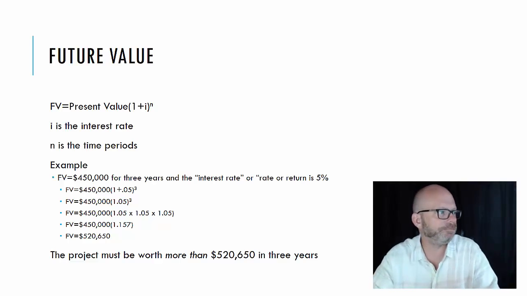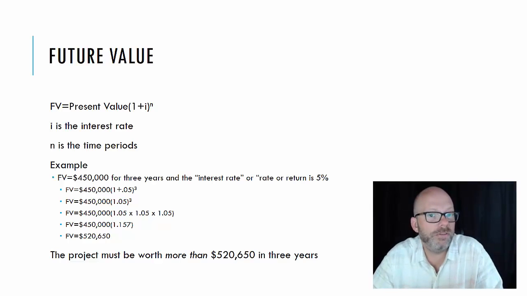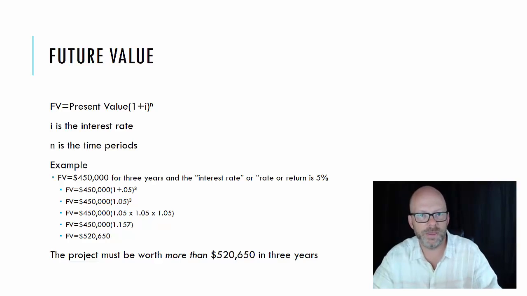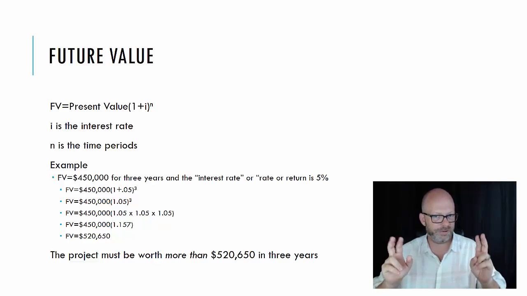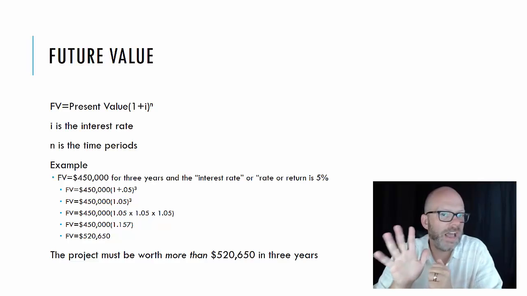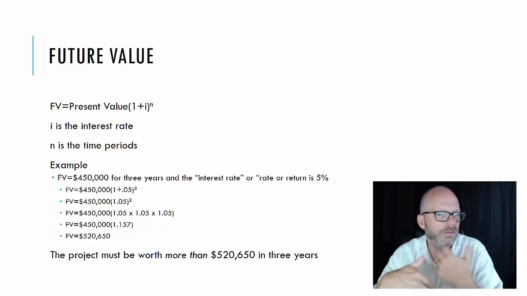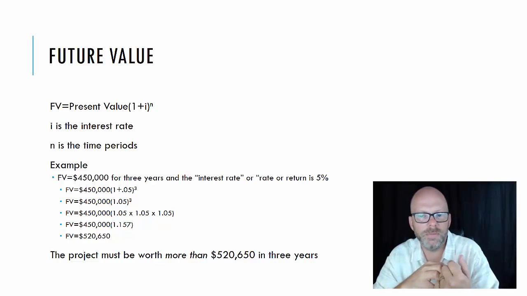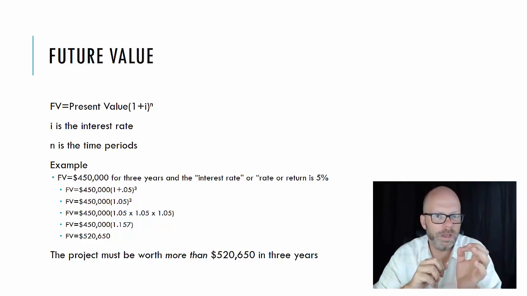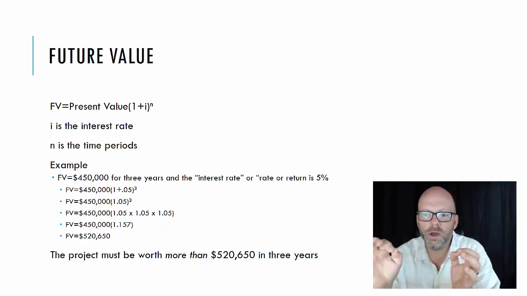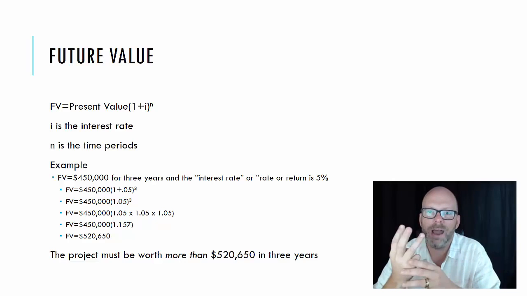So here's a scenario. I need $450,000 for my project for 3 years. And the rate of return, the interest rate, is 5%. So our future value formula would be 450,000 times 1 plus 0.05 to the power of 3. All right?